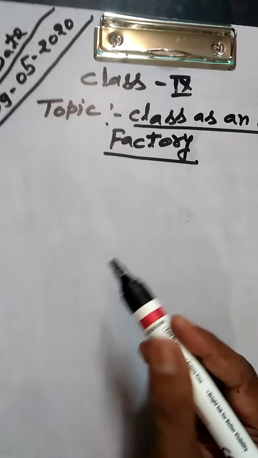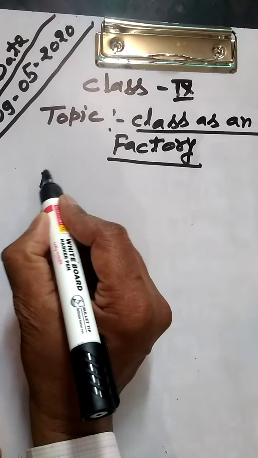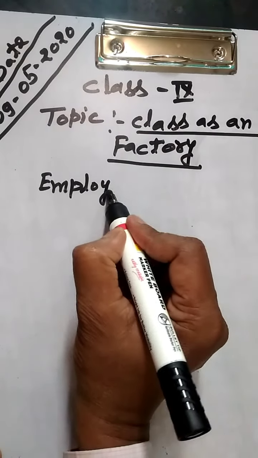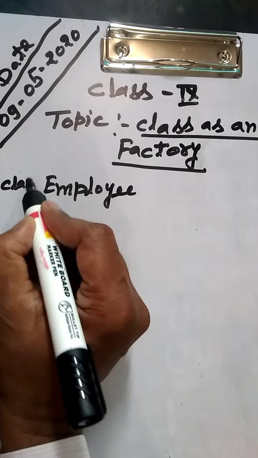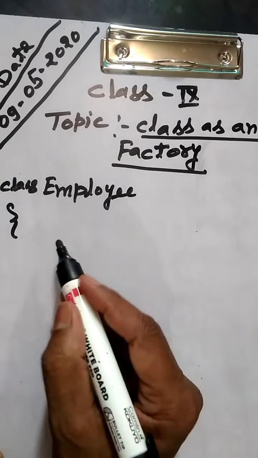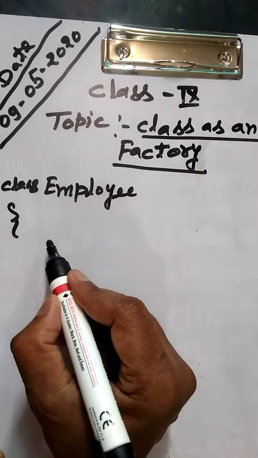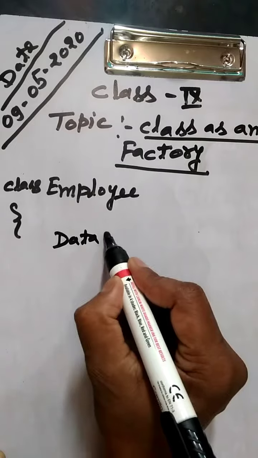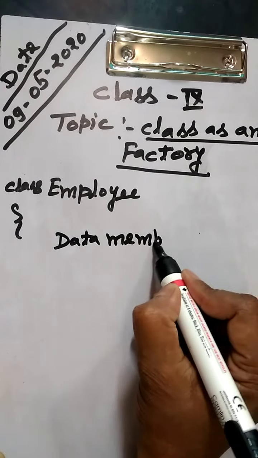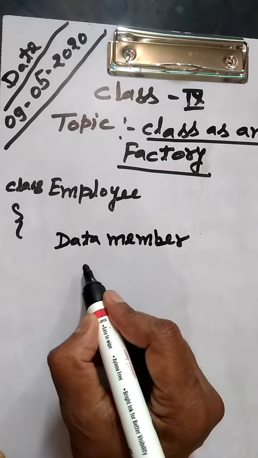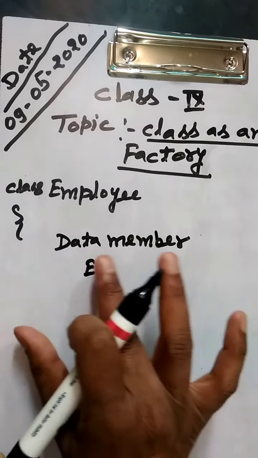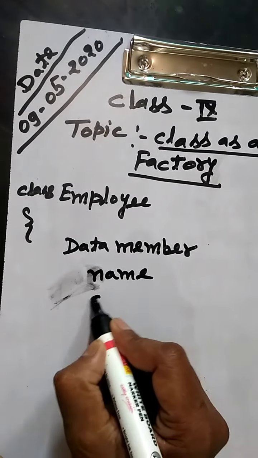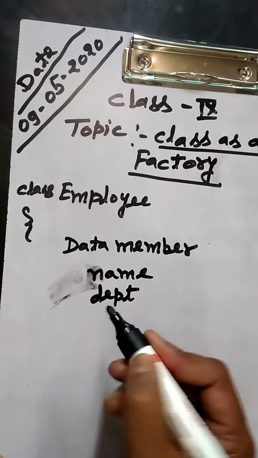Suppose we have taken the example of Employee. Employee is the class. This class contains data members: employee name, department, and salary.